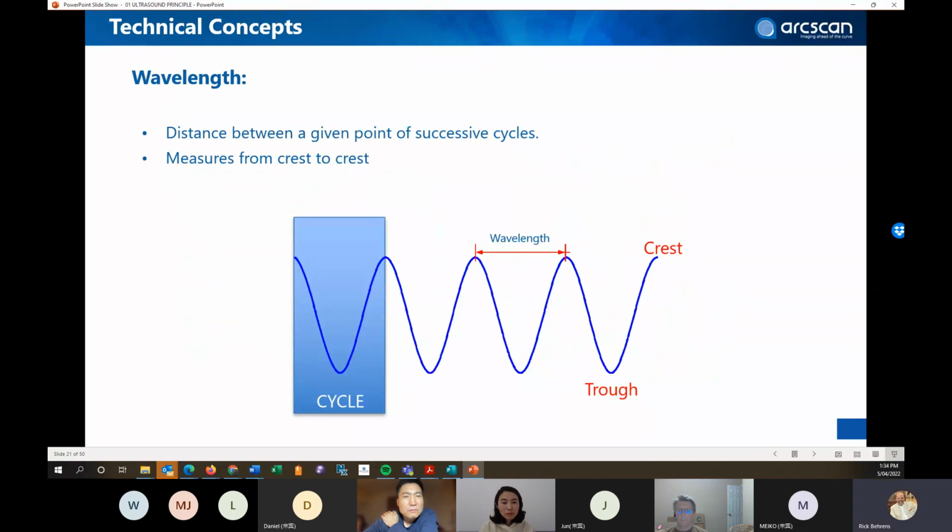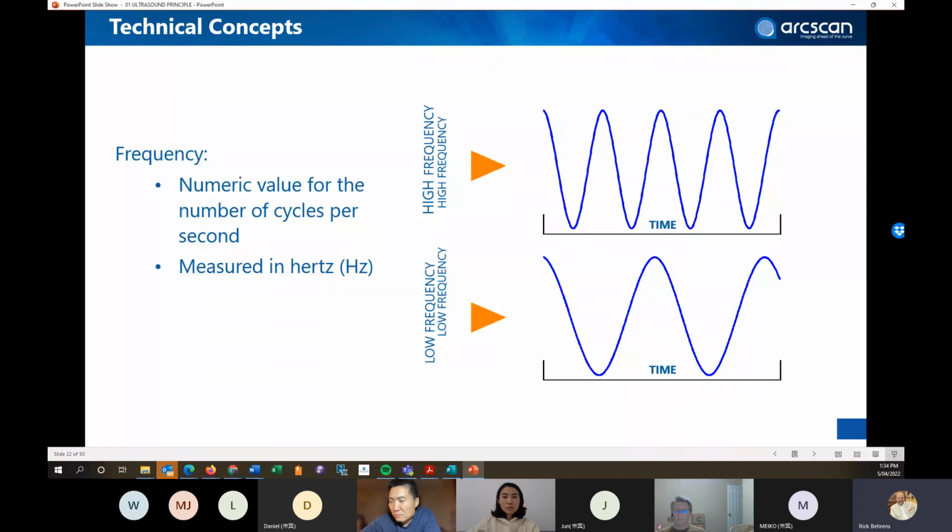Now, the wavelength is another important concept because the wavelength of the ultrasound determines the penetration and the resolution. The wavelength is the distance between crest and crest, and this is important to measure because the wavelength will give you the frequency.